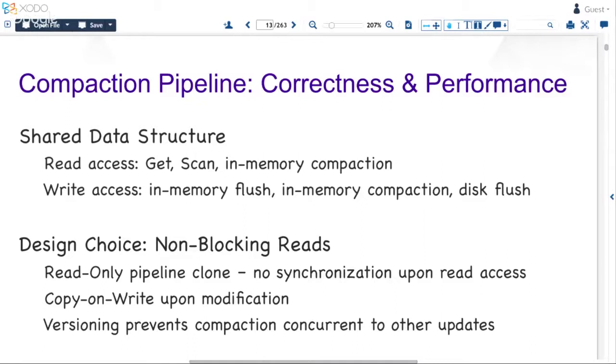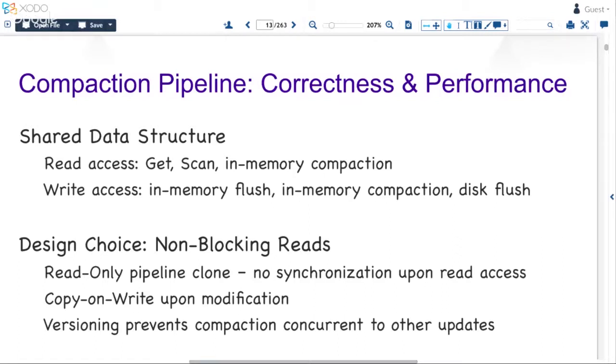So the gets, the scans, and the in-memory compactions all read from it, and it is also accessed for writes by in-memory flush, in-memory compaction, and disk flush, because they replace stuff in this shared data structure.